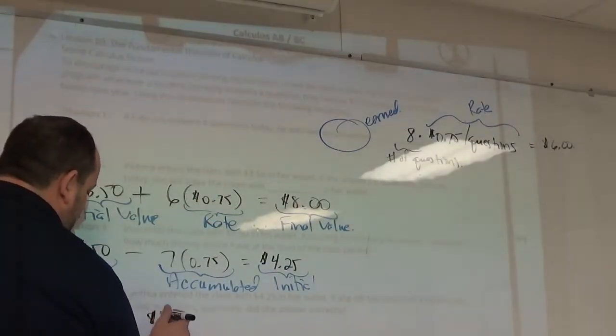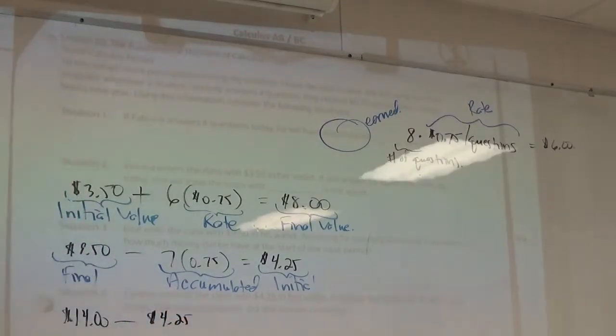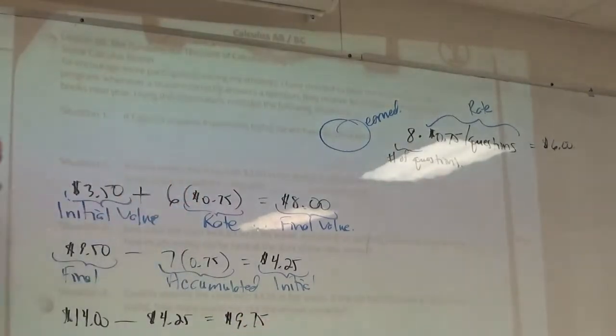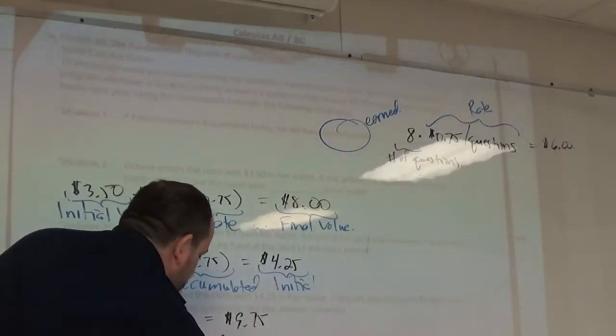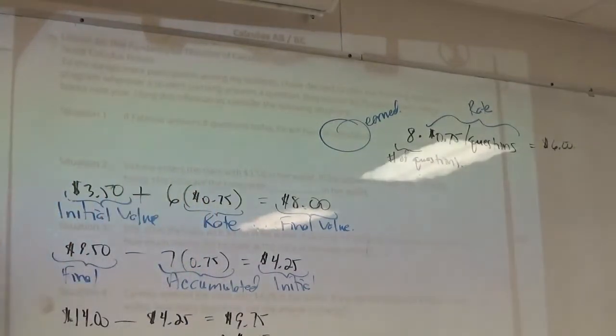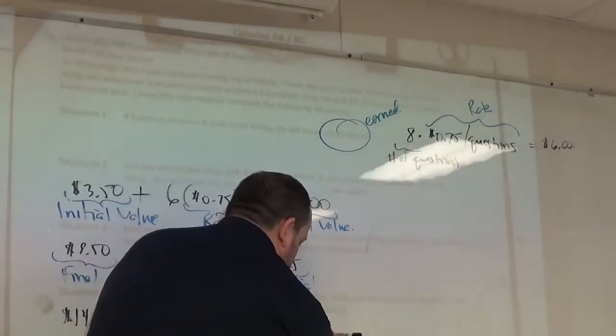So 14 minus the 4.25, okay? Then you would get $9.75. Yeah, and then you'd divide that. You're going to divide by the 0.75. And what'd you get? I got 13.